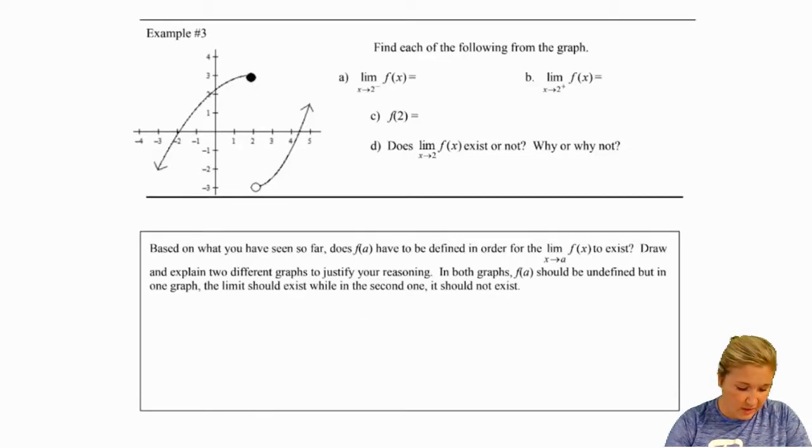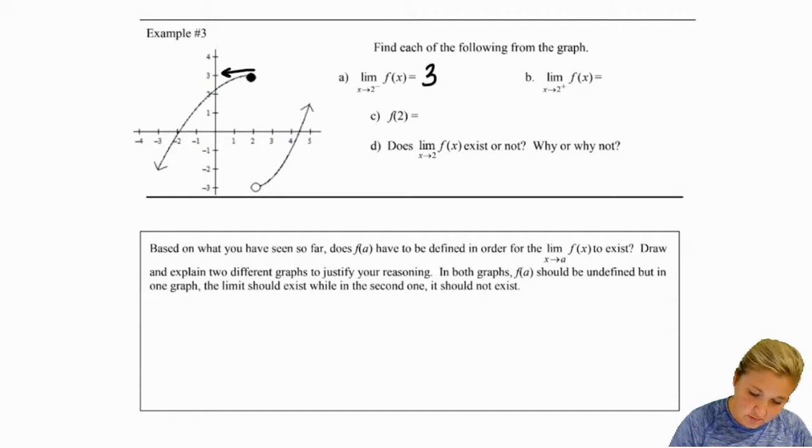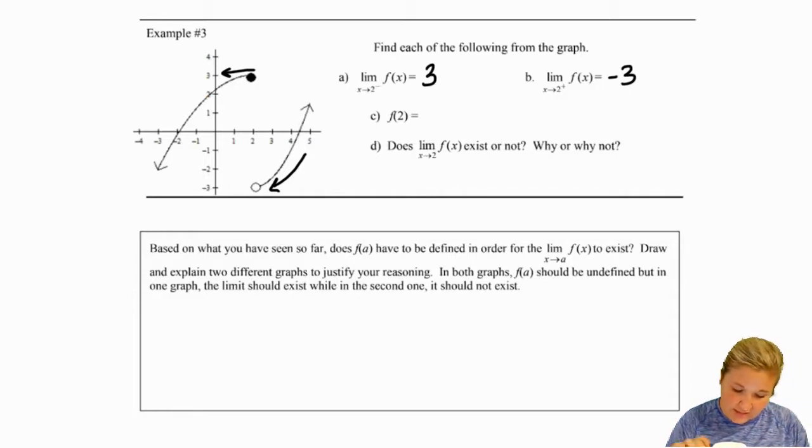All right, so example 3. As x approaches 2 from the left, it looks like it is approaching 3. And as x approaches 2 from the right, it's going to be approaching -3. But what is f of 2? F of 2 is going to be 3.